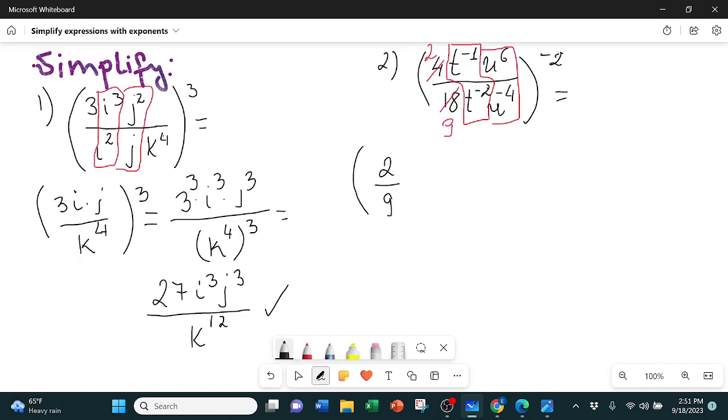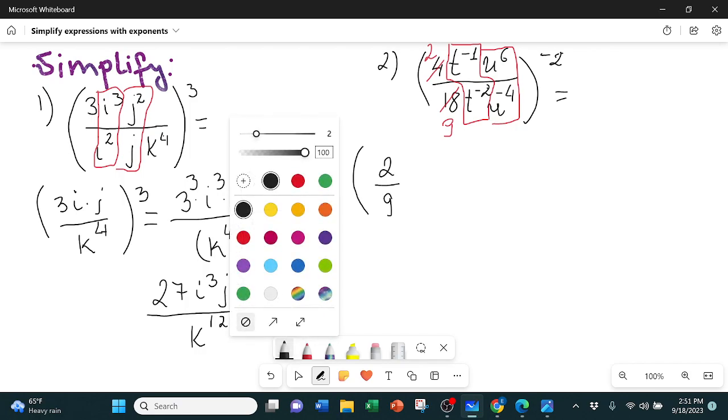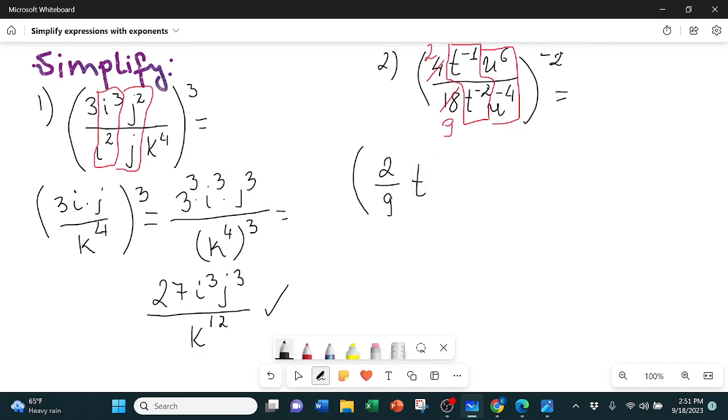And then we're going to have t to the power negative 1 take away negative 2. So we're subtracting exponents, times u to the 6th power minus negative 4. And then the whole thing to the power negative 2.